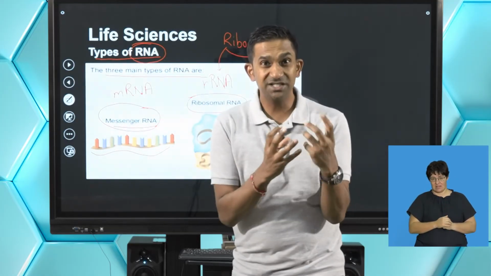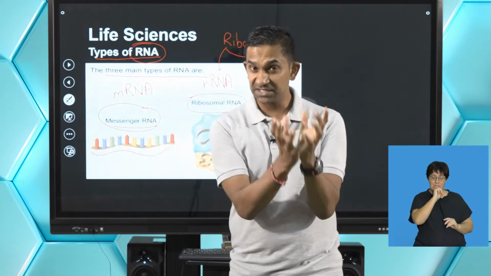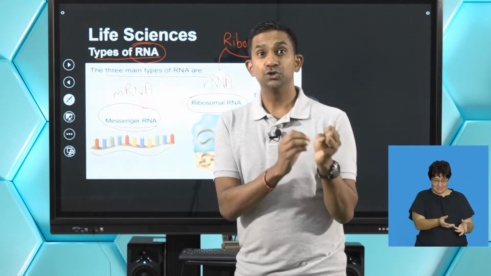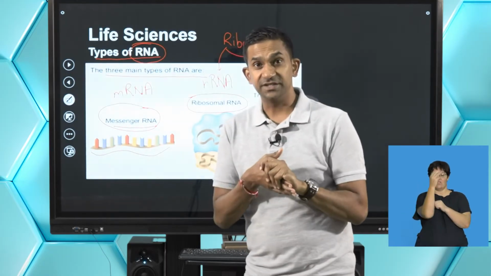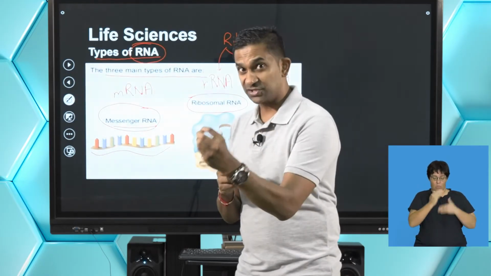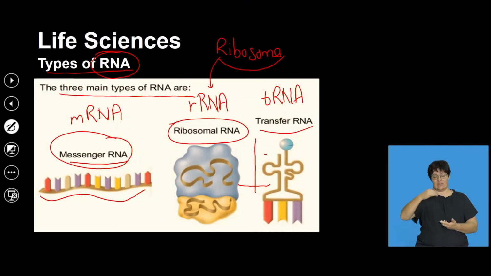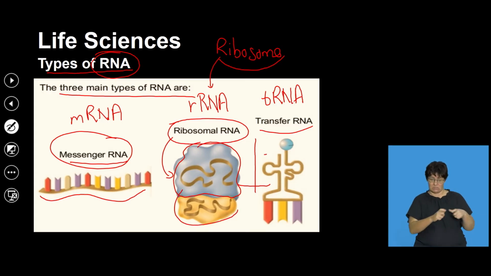So again, the context is that messenger RNA carries special information to the factories in the cell to carry out processes like protein synthesis. The next type of RNA which we mentioned was rRNA, or the ribosome, and this structure consists of 2 units. It's got a large subunit and a smaller subunit.